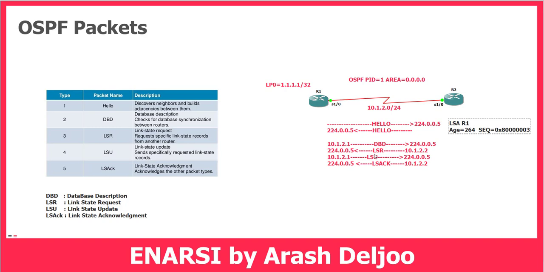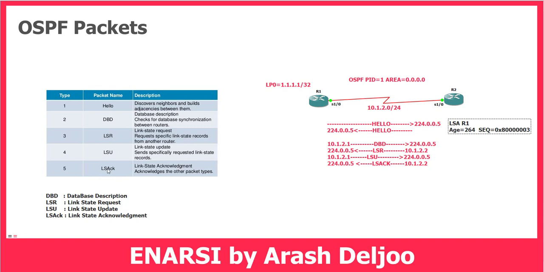EIGRP and OSPF both have specific packets for sending acknowledgements. In EIGRP, we use EIGRP ACK. In OSPF, we use LSAck, or link state ACK, for acknowledging the LSU, LSR, and also DBD. Don't forget that we don't send a link state acknowledgement for the hello. Hello is an unreliable packet of OSPF. And also we don't send a link state acknowledgement for the LSAck.